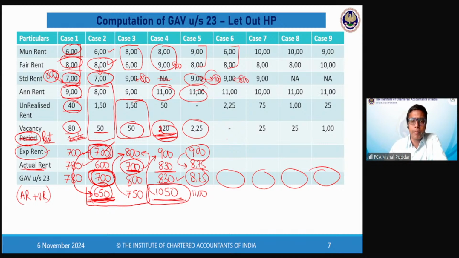Whichever is lower is 800. Now 1100 minus 225, again it is 875, right? Now whichever is higher, the answer is 875, correct?